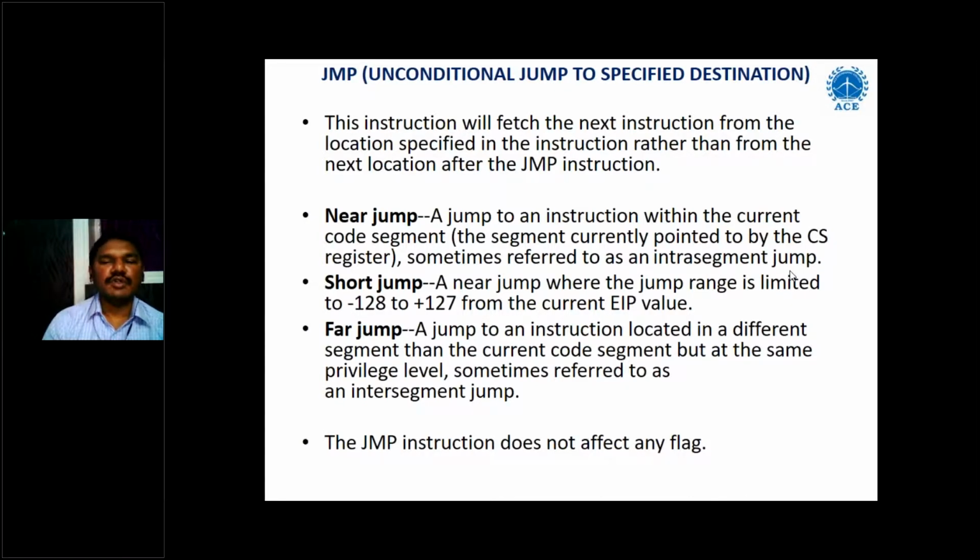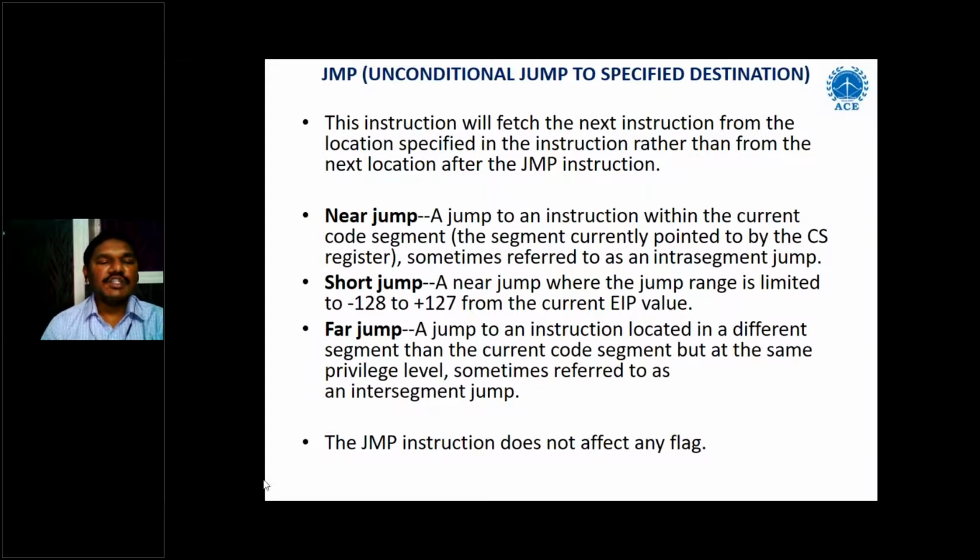I told you this in the addressing modes. A short jump is a near jump where the jump range is limited to -128 to +127, an 8-bit jump, 256 locations. A far jump is anywhere in the program, with greater than 8-bit up to 16-bit.